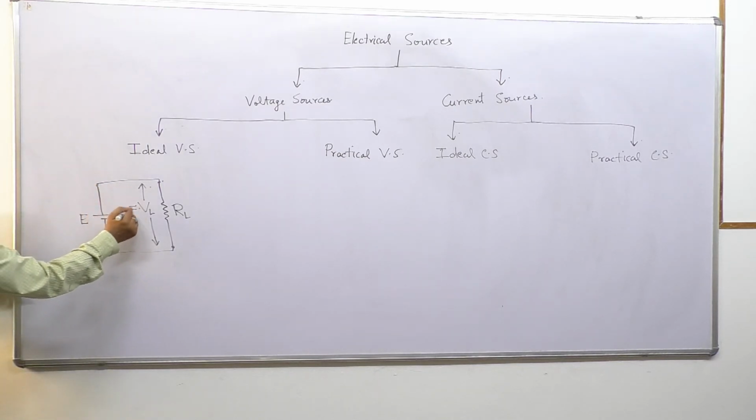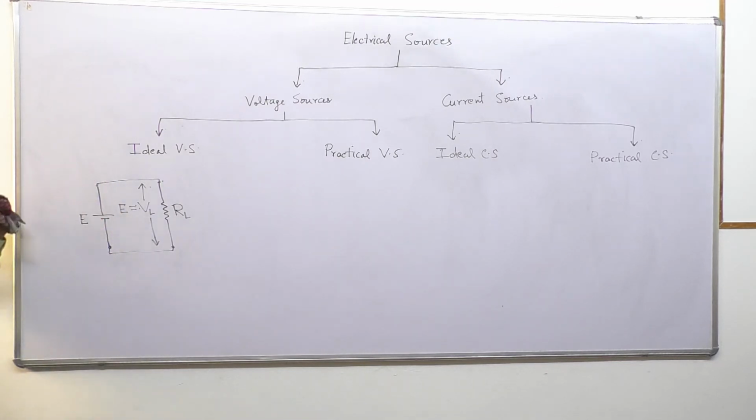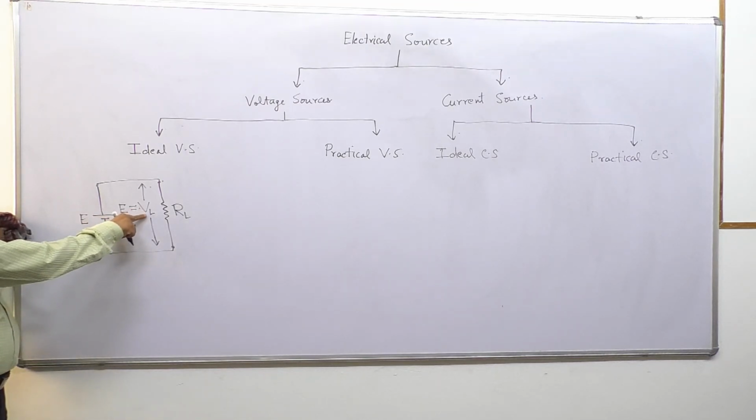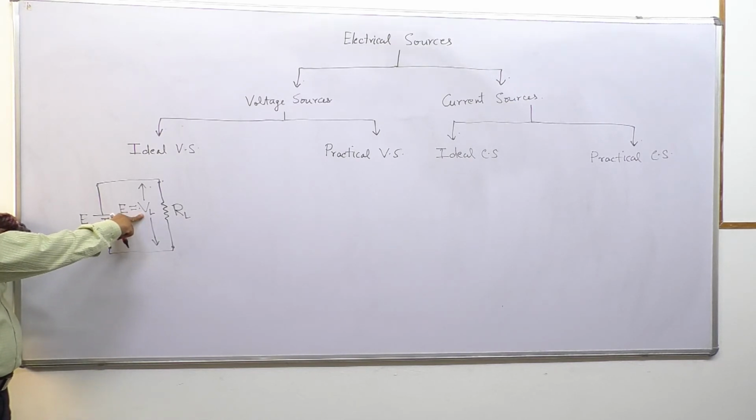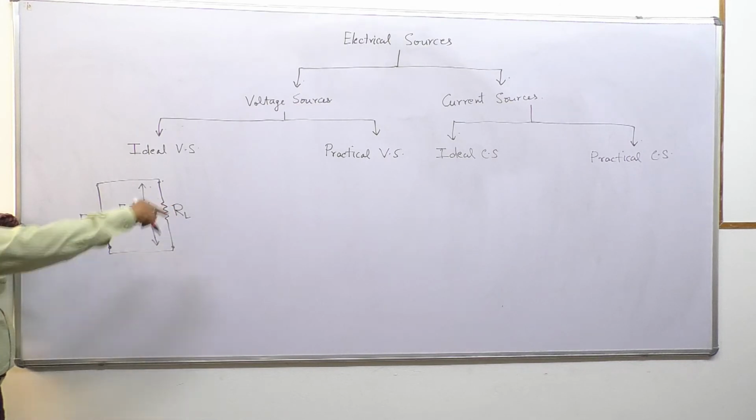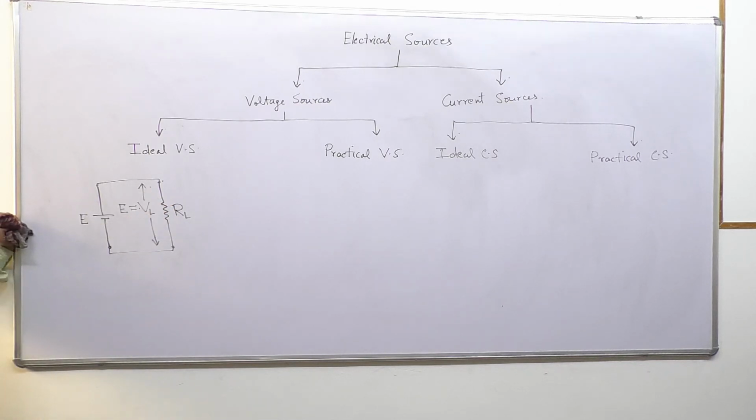So, if VL is always equal to the source voltage E, then we can say that this source is an ideal one. The value of load voltage should not be dependent upon the value of load resistance RL. Then we can say this is a constant ideal voltage source.